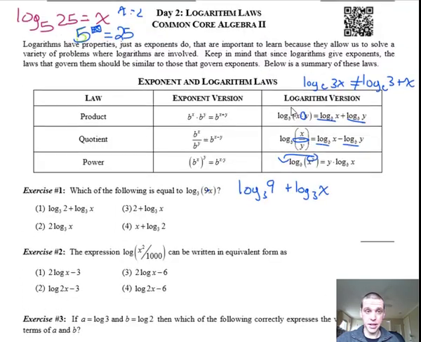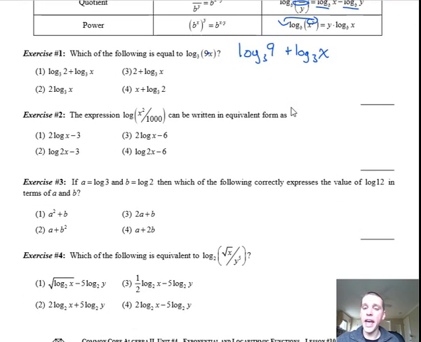Now, I talked about it at the very beginning. It has to become standard, just memory, that when we say log base 3 of 9, we think to ourselves, 3 to what power equals 9? And we know that 3 squared equals 9. So we're going to say 2 plus log base 3 of x.